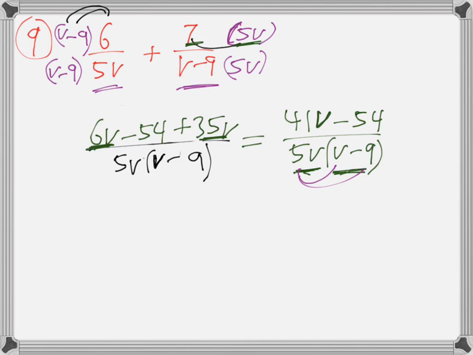It's okay, it's just of no help whatsoever. So I wouldn't bother with it. But it's okay. If you wanted to make the bottom 5V squared minus 45V, that's also okay. Both are fine. It's not wrong. But it'll never help you do anything.